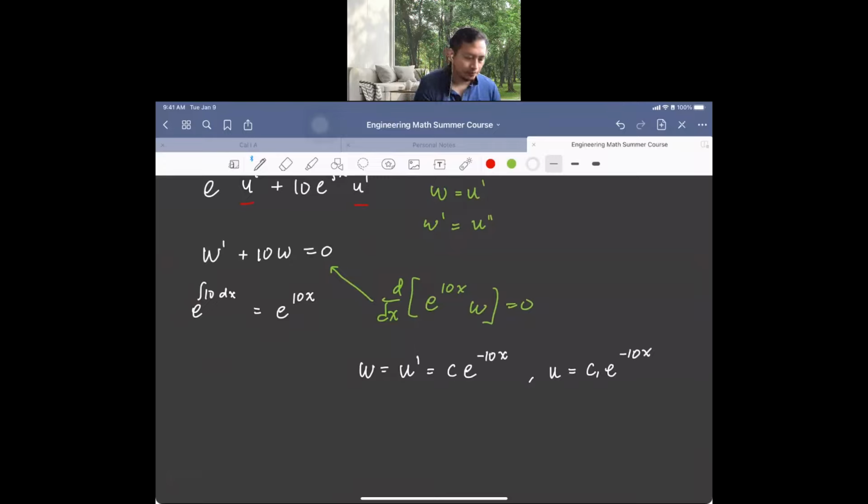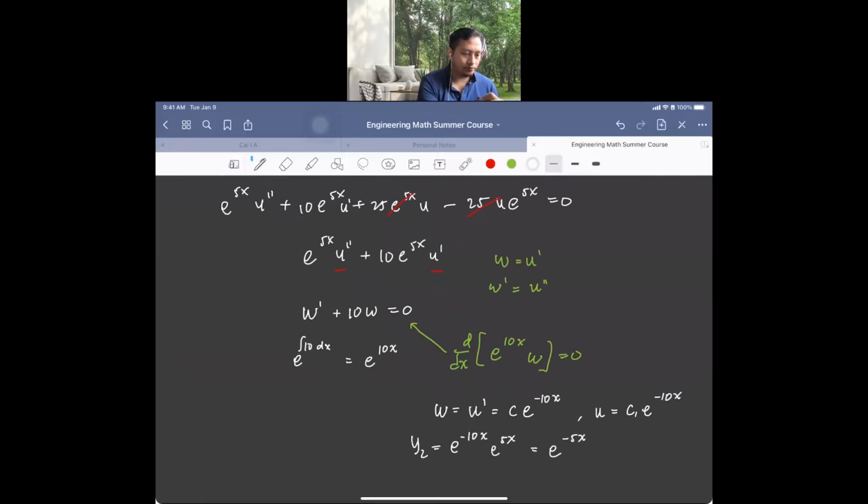Just change the plus and minus. So the second solution is e^(-10x). This is the u, and then e^(5x), y1, is equal to e^(-5x). Yeah, this is equal to 0, so we can cancel this.